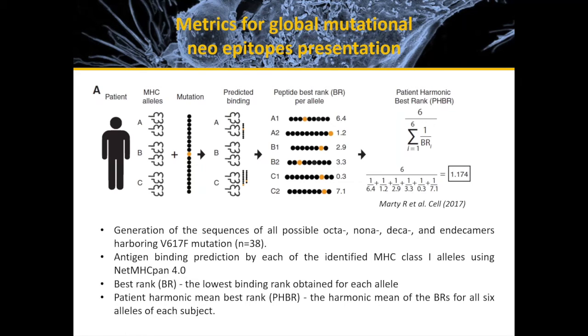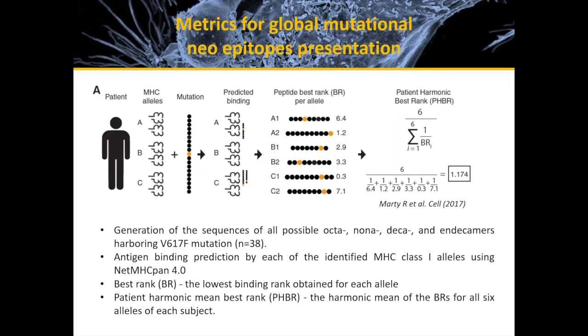The lowest binding rank obtained for each locus was assigned as best rank, and then we calculated the patient harmonic mean best rank as the harmonic mean of best rank for all 6 alleles in each subject. The higher best rank reflects the worse theoretical binding property of the alleles at a given locus, whereas the lower patient harmonic best rank reflects the better antigen binding property of the entire HLA class 1 genotype.